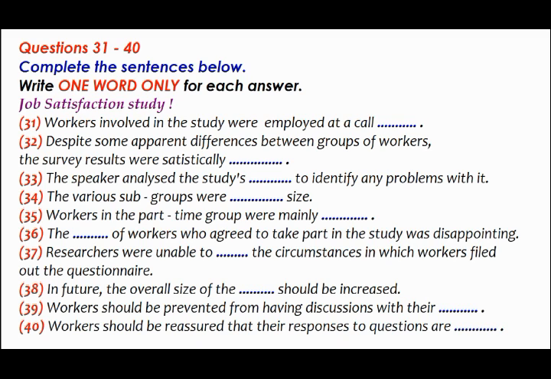And they should require the workers to complete the questionnaire under supervised conditions so that the possibility of influence from other colleagues is eliminated. Finally, as workers may be unwilling to provide details of their job satisfaction when they are on work premises, it's important that the researchers reassure them that their responses will remain confidential, and also that they have the right to withdraw from the study at any time if they want to.